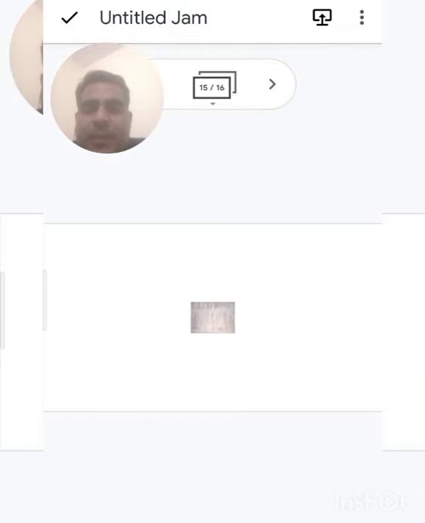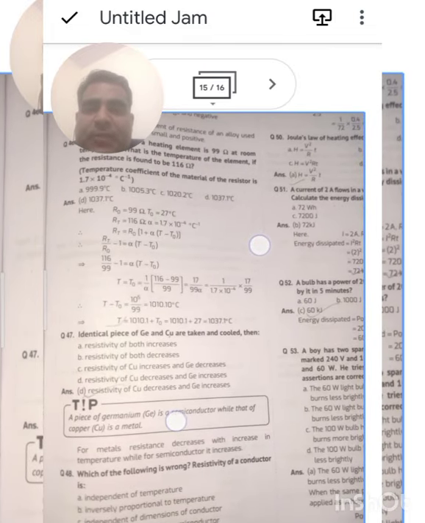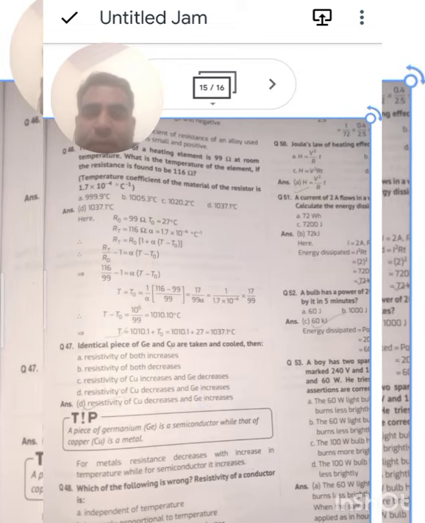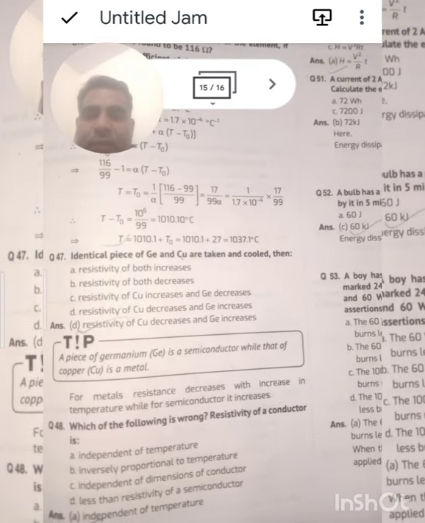It says that the resistance of a heating element is 99 ohm at room temperature. What will be the temperature of the element if the resistance is found to be 116? I hope you all have done this. 1037.1 degrees Celsius.